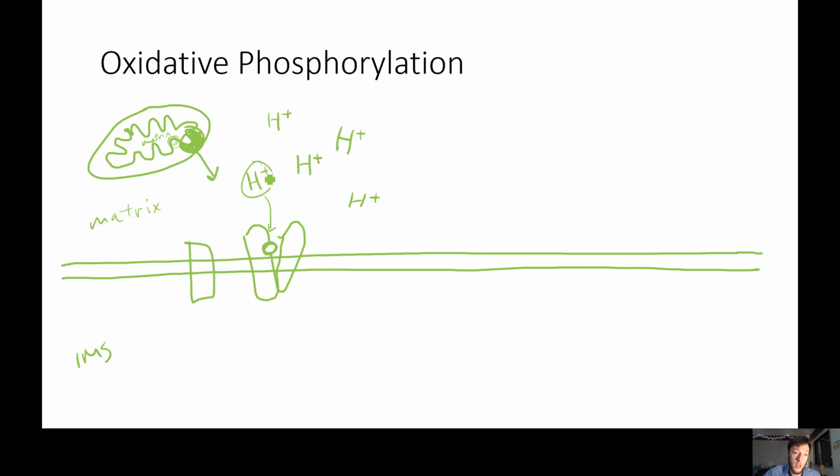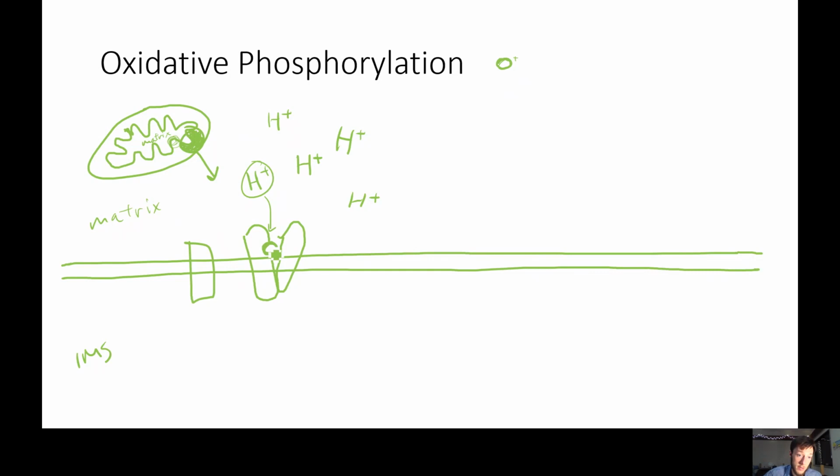Remember, it's a hydrogen proton. A hydrogen only has one proton. And so if it's positive like this, it has no electron, and hydrogen doesn't have any neutrons. So it's literally only a proton, and it's positively charged because of that. So when we talk about protons, we're talking about hydrogen ions, it's all the same thing. Just keep that in mind.